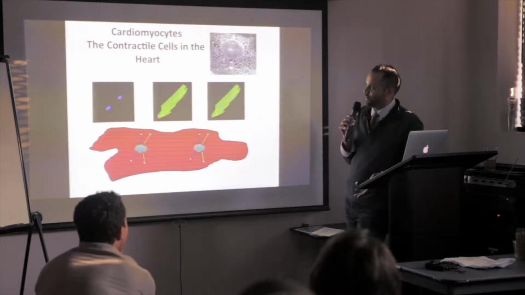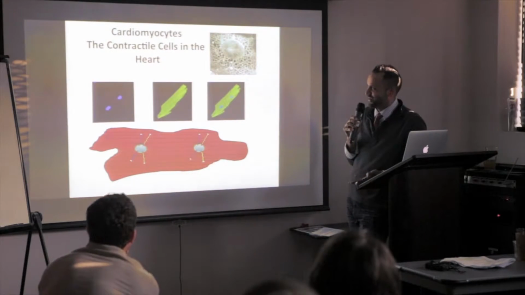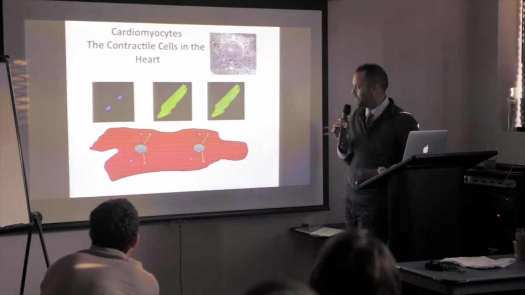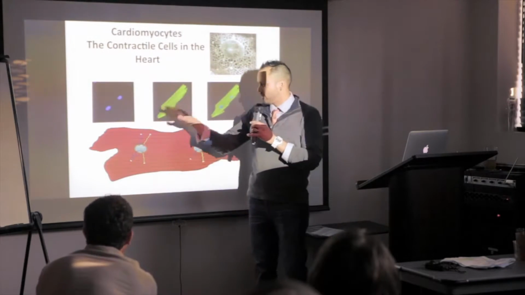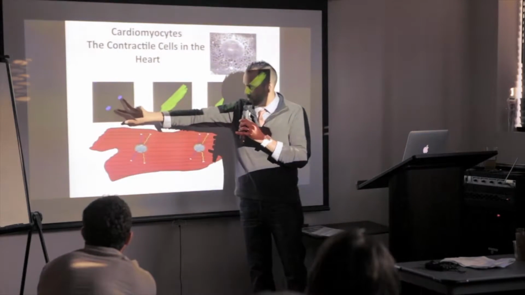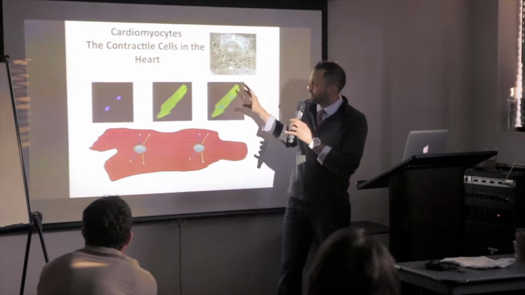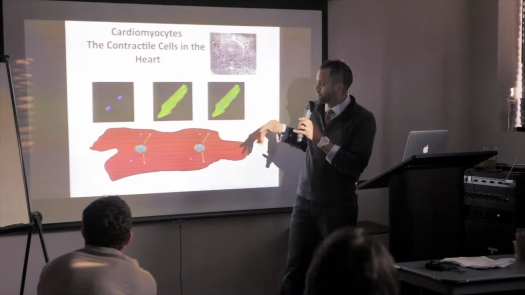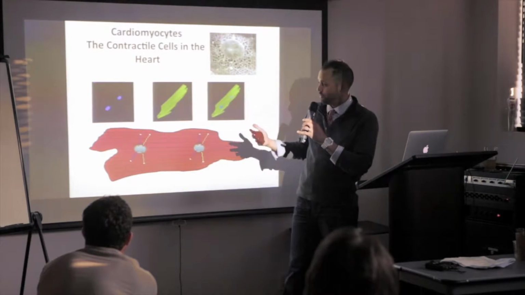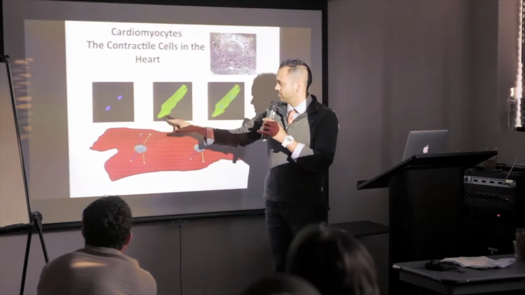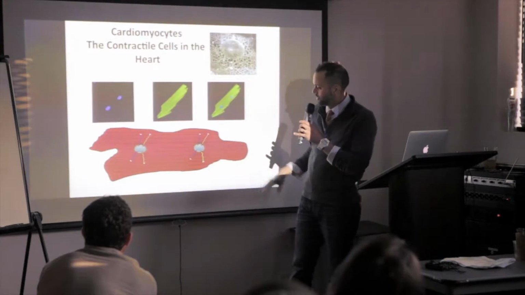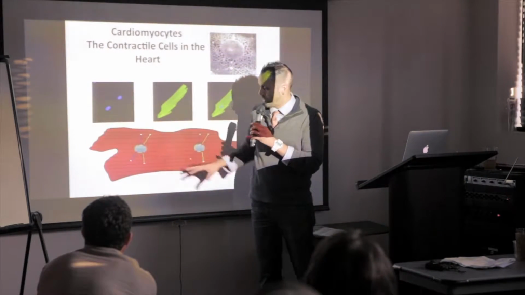So for those of you who don't study the heart, the cardiomyocytes are the primary contractile cells of the heart. Here you can see a confocal micrograph showing the two nuclei, which is actually unique in most organisms, that the cardiomyocytes are binucleated. Here you see the actin cytoskeleton, and here you see a merge image, and here just a cartoon diagram.